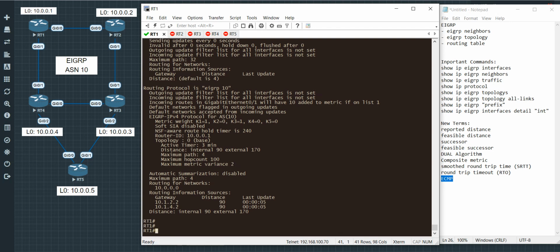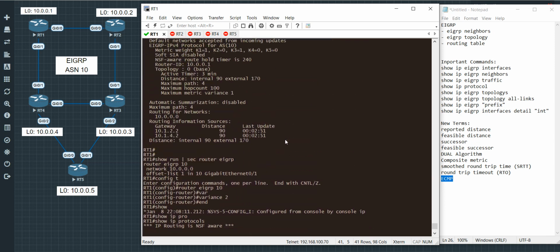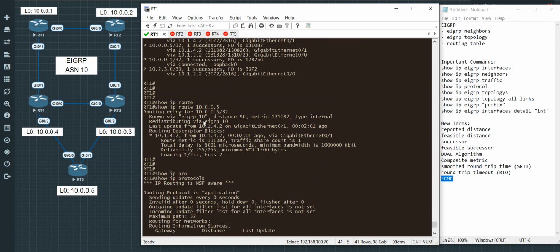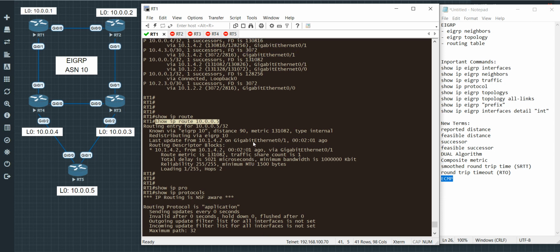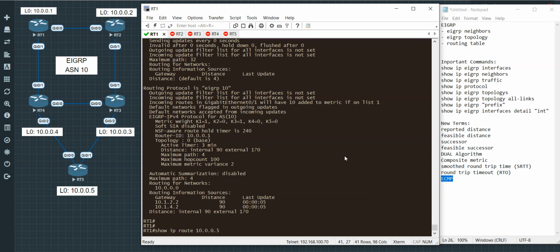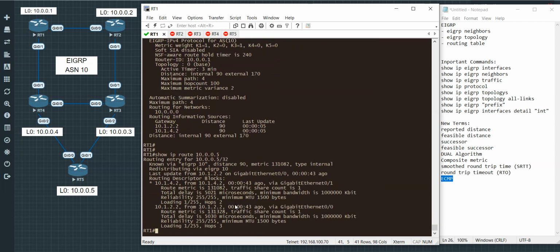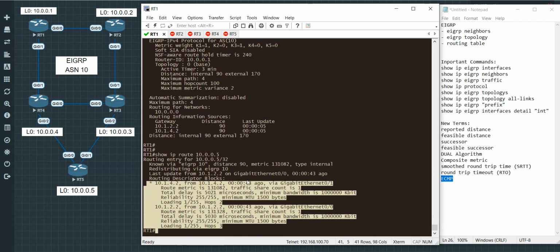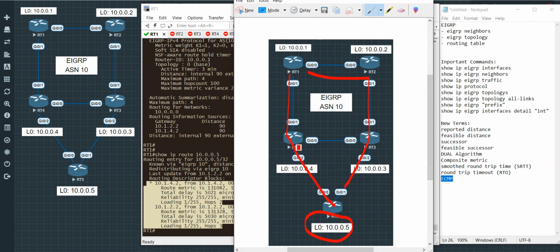And so if we run show ip route, initially we only had 1, but now because we updated the variance to 2, which means multiply this number times 2, and if this value is lower than this value times 2, then it qualifies to go into the routing table. So now we can see that we have 2 routes here. So now the router will send traffic this direction, and will also send traffic this direction to get to loopback 5.